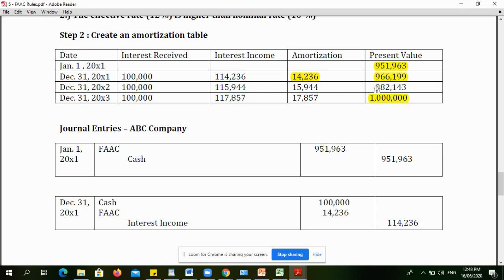Let's find the present value. To find the carrying amount at the end of December 31, 2002, we will add 966,199 and 15,944 equals 982,143.